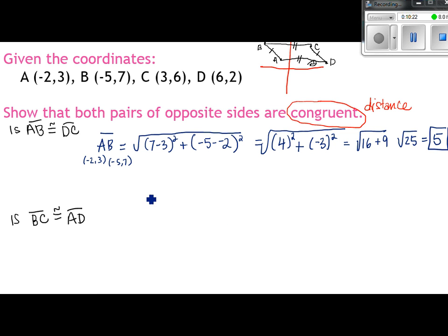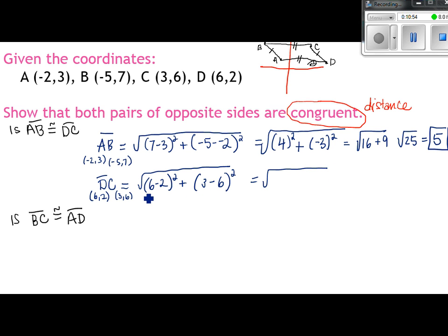Now let's find the distance of DC. Now if the distance of DC is not 5, then we can stop right there and say it's not a parallelogram. But if they are equal, then we've got to do the next set. Okay, so DC, here we go, (6, 2) and (3, 6). So the difference of the y's squared, 6 minus 2, plus the difference of the x's squared, 3 minus 6 squared.